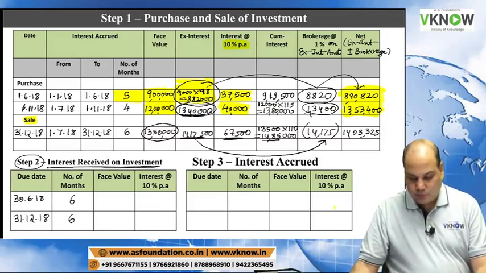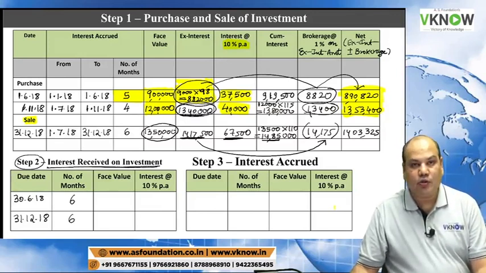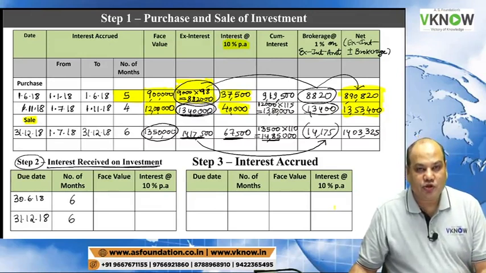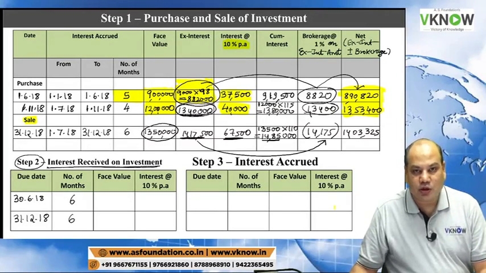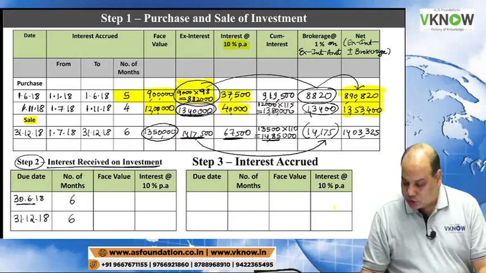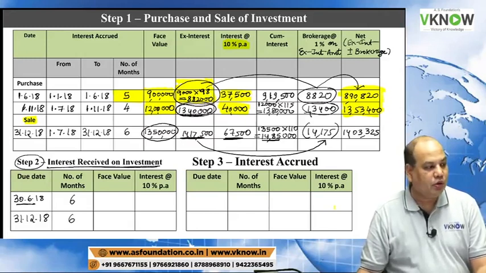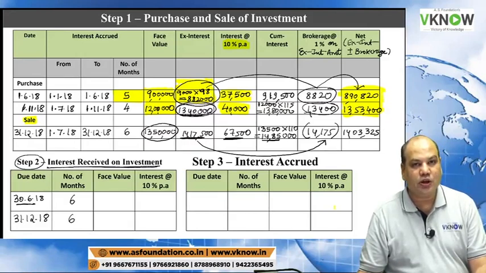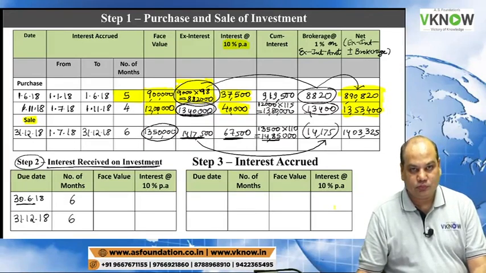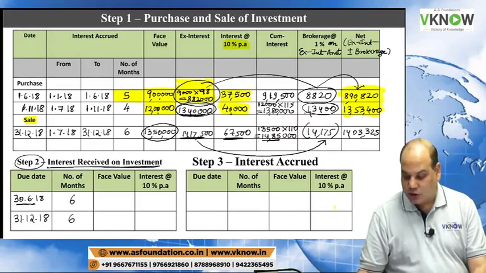Face value. What was the face value of the debenture outstanding on 30th June? My question to all of you is, what is the face value of the debenture held by the investor on 30th June? Please reply.